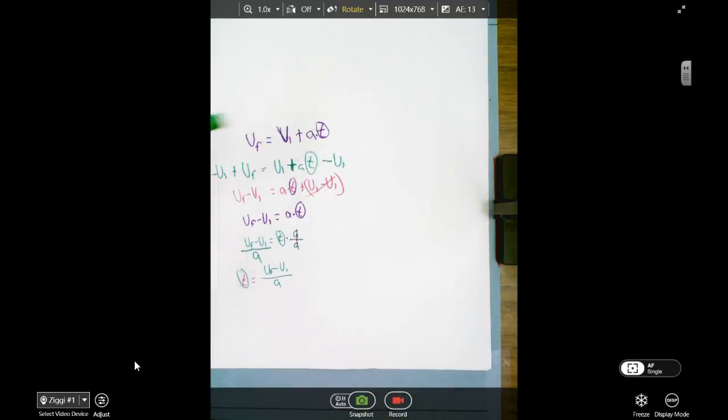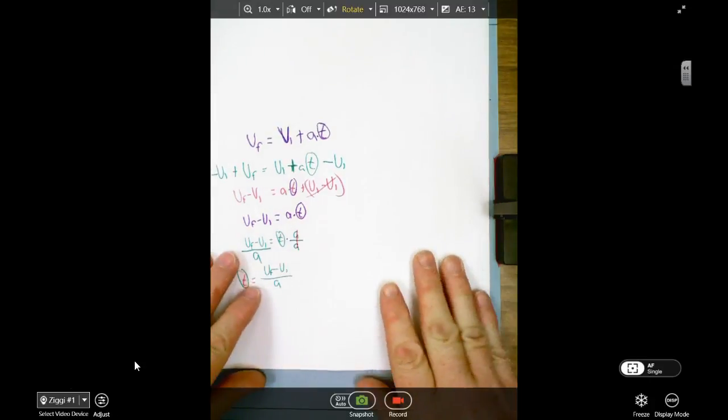Now, could I have solved this for A? Could I have solved it for velocity initial? Of course I can. Should we try to do that again? So let's take a look here. I start off with velocity final equals velocity initial plus AT, and this time I'm going to track velocity initial.